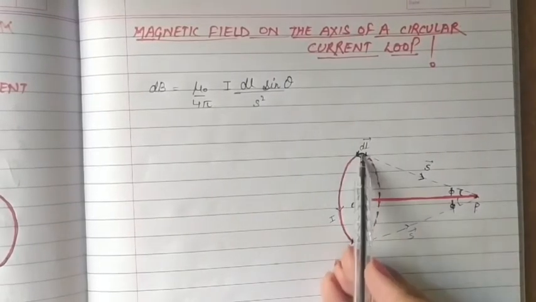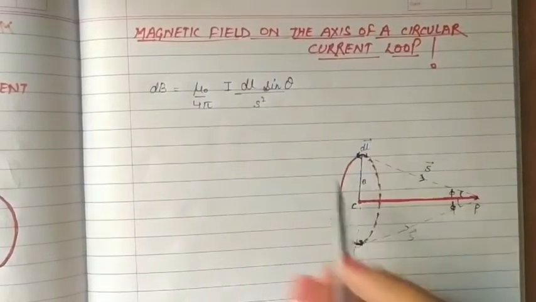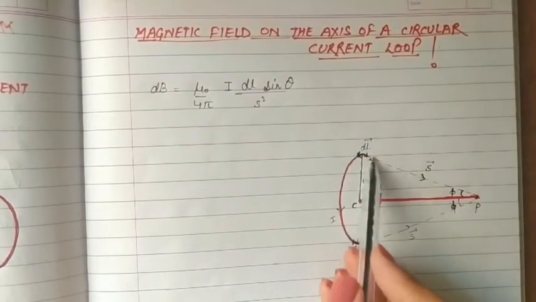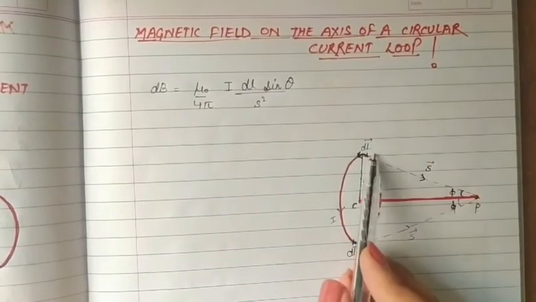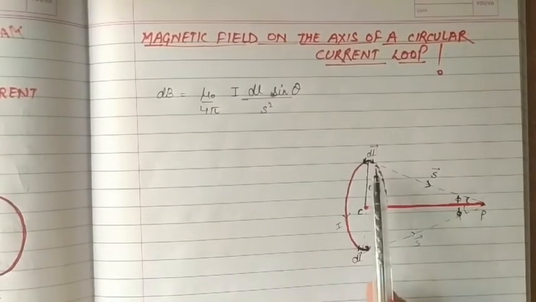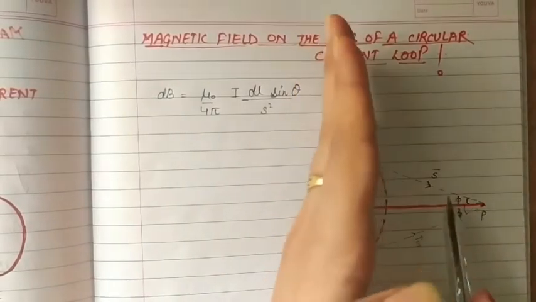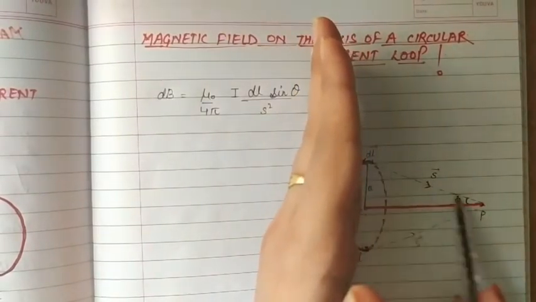Now dl vector and s vector are perpendicular to each other. The angle theta is the angle between the current element and the position vector, meaning dl vector and s. So dl vector is perpendicular to the plane of paper and s vector is in the plane of paper. That's why this is the system.